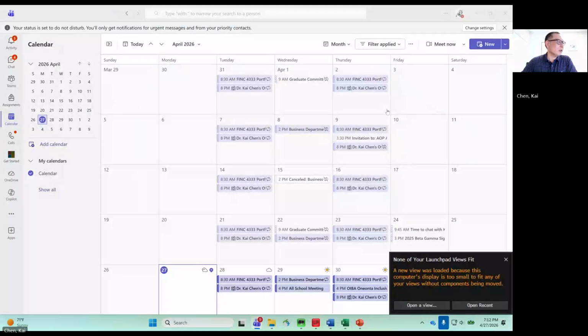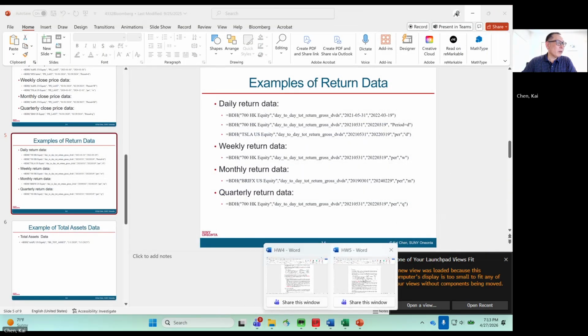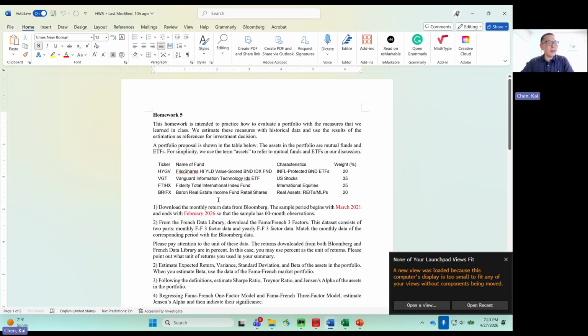All right. Okay. Now let me share my screen with you. Now let's look at the requirements of homework 5. Here is the instruction of homework 5.